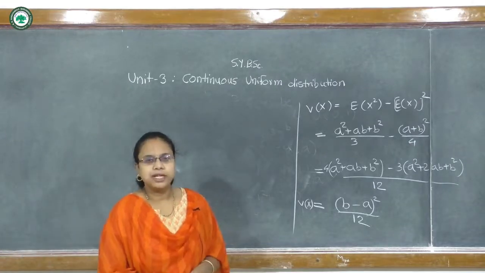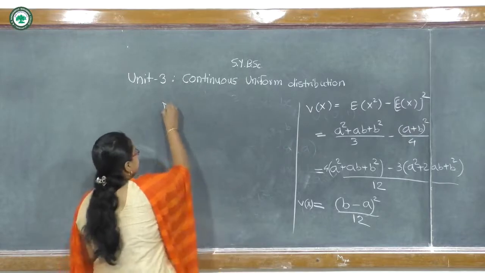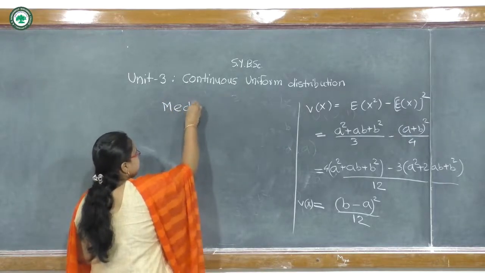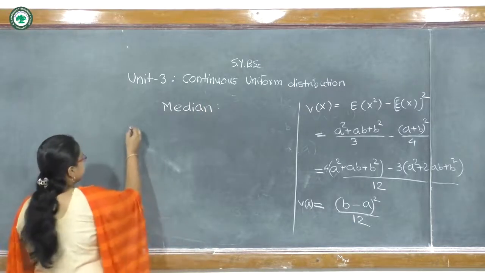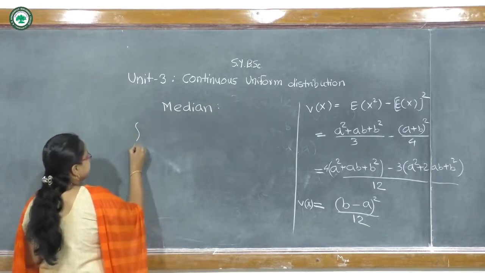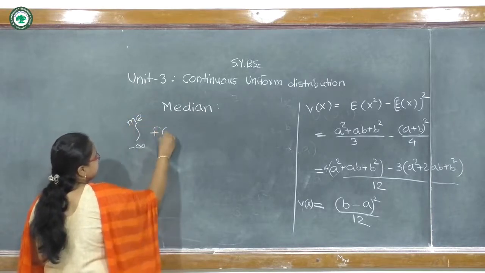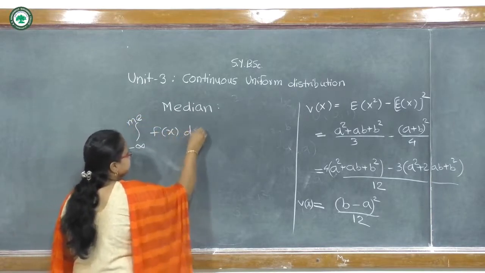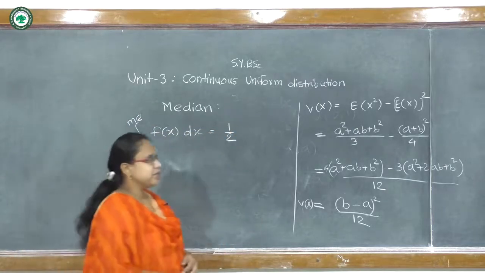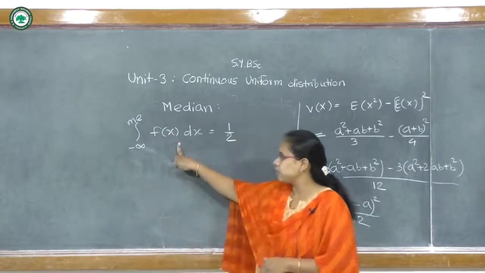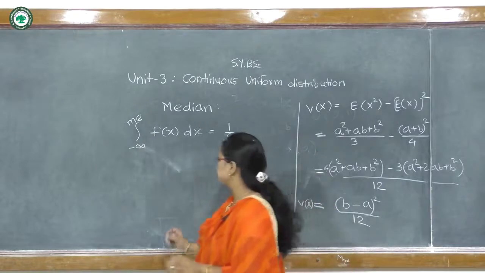The next point is the median of the uniform distribution. By definition we can write it, and by substituting the PDF and solving this integration, we will get our median.